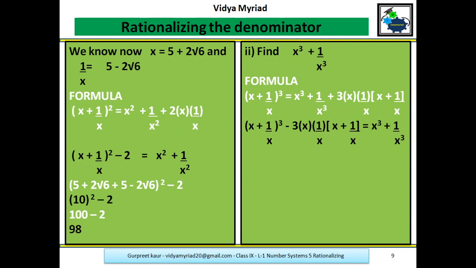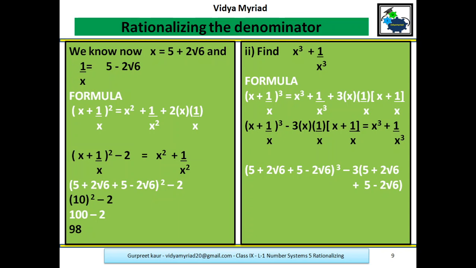Now when I solve this, I want x cube plus 1 upon x cube. So just keep that towards your right hand side and shift the remaining towards your left hand side. Now just put the value of x and 1 upon x, you will get this. So x is 5 plus 2 root 6, 1 upon x is 5 minus 2 root 6, minus 3 in bracket, x and x get cancelled, in bracket x plus 1 upon x.